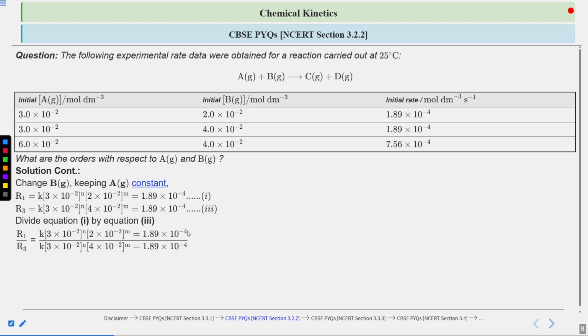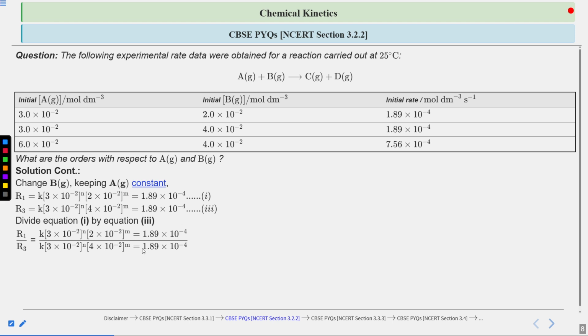Now this value, 1.89 times 10 to the power minus 4, is the same at both numerator and denominator, so it cancels out, and K cancels out. The A concentration, which is constant in numerator and denominator, will cancel out. The remaining thing is the B concentration, which is twice the concentration of the first experiment relative to the second experiment.